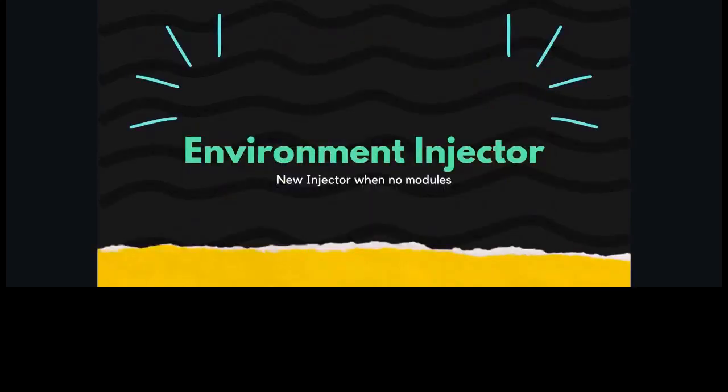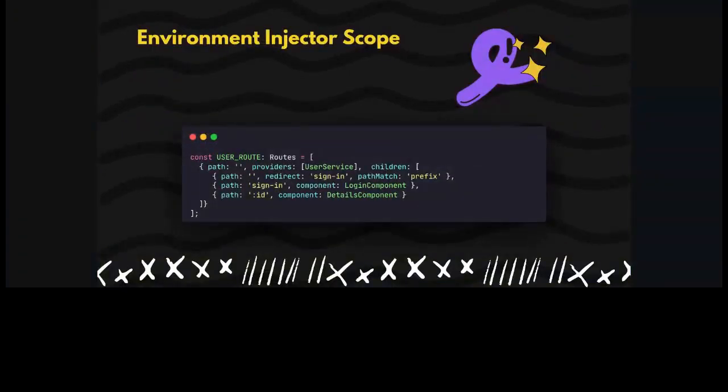So environment injector, a new injector when no modules, just how to register that. But it's quite easy. Now in the routing configuration, you have a new property called providers, okay? And this property takes as an argument an array of providers.